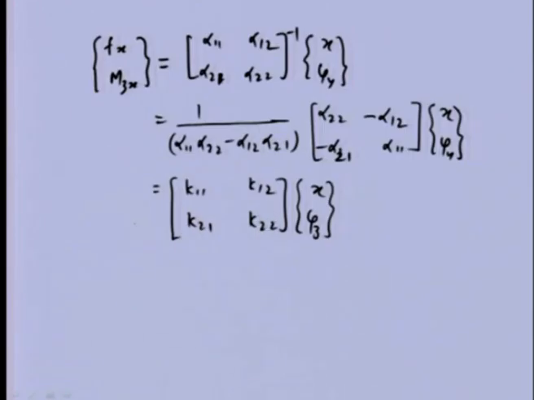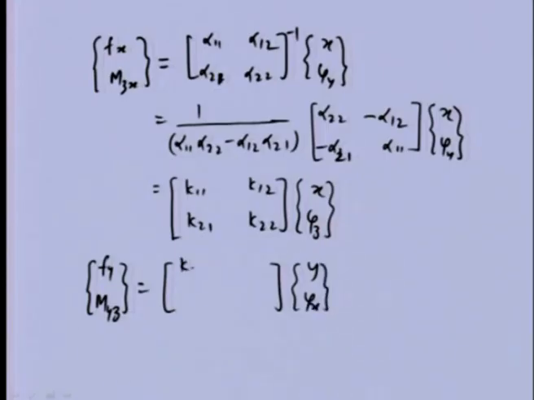So, once we have this in the stiffness coefficient terms, we can write the other plane also in the same form, and the form of the coefficients will be the same as the other plane, because this is a symmetric shaft.